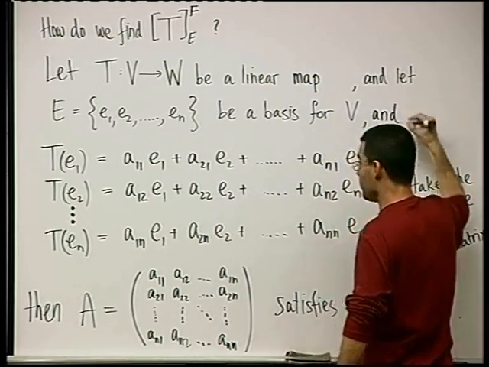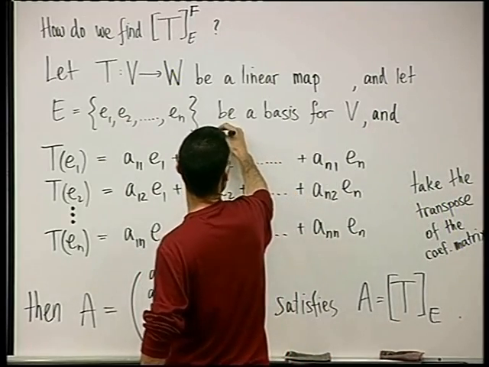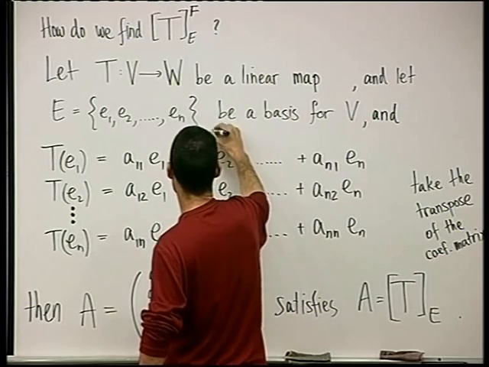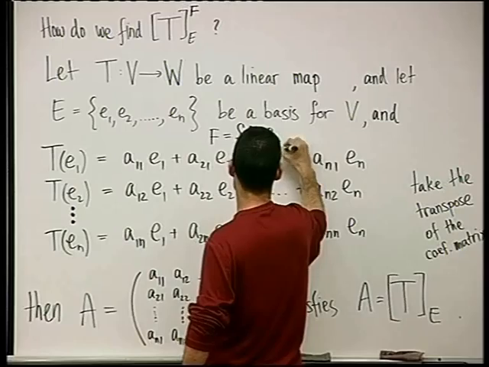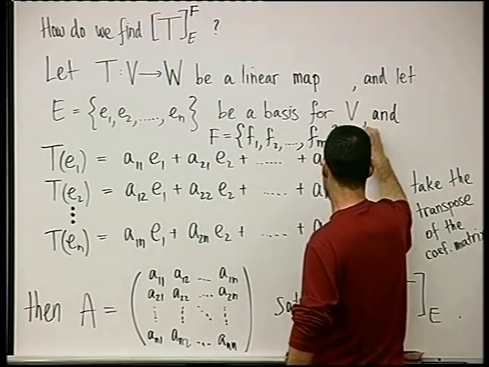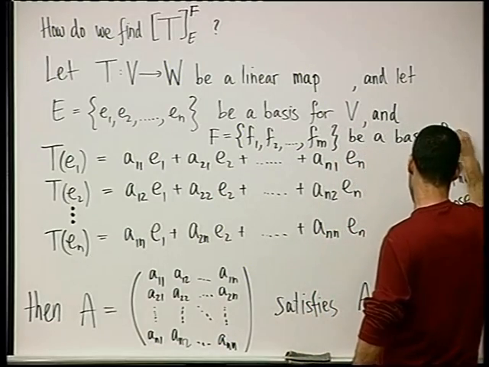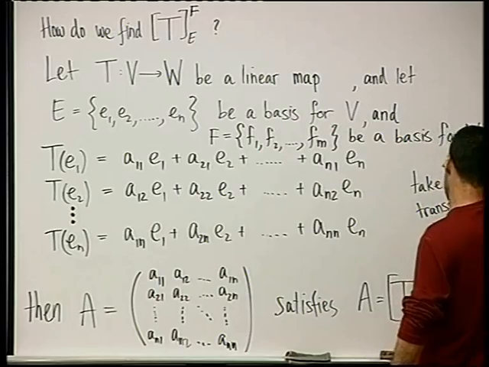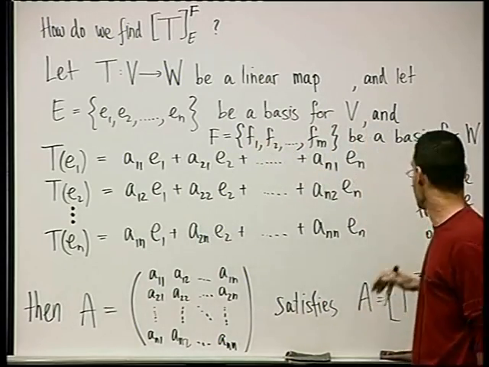And I'm going to have to reduce the font slightly. And F equals F1, F2, ..., Fm be a basis for W. Now there are two bases, one for the domain and one for the range.